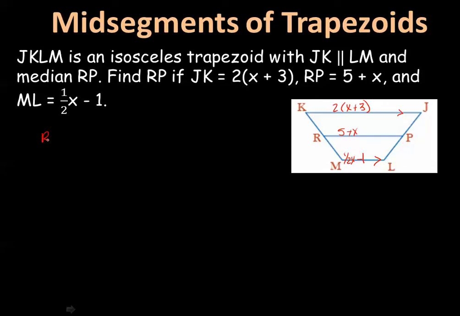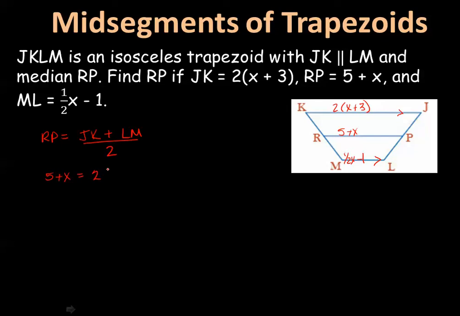So we know that RP equals JK plus LM, just divided by 2. And so we're going to plug in what we know. RP is 5 plus x.